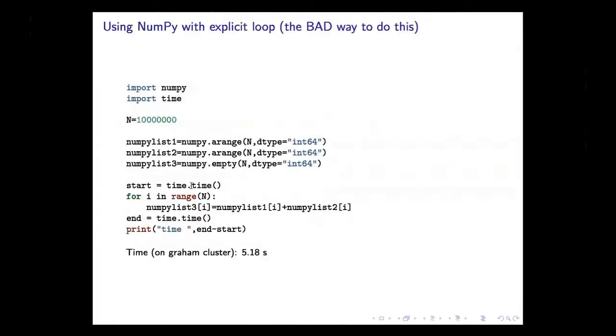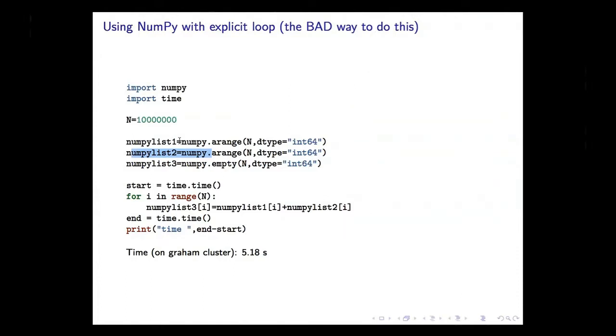All right, so let's use NumPy now to add our two lists. So I am doing the same two things as in the previous cases. But first, I want to show you what not to do, the bad way to proceed. So I'm going to define my original list, so I have list 1 and list 2, and I want to add them to make a list 3.